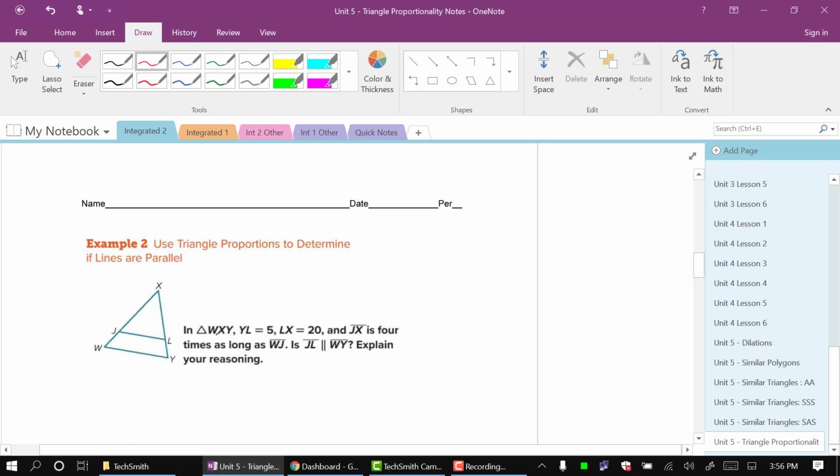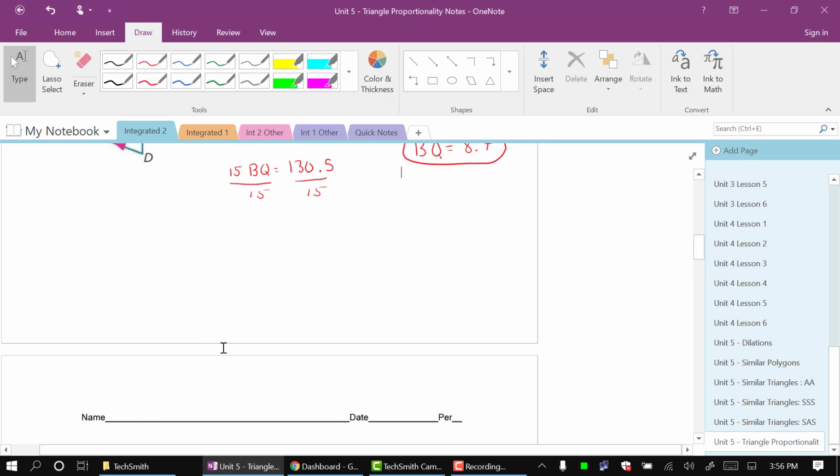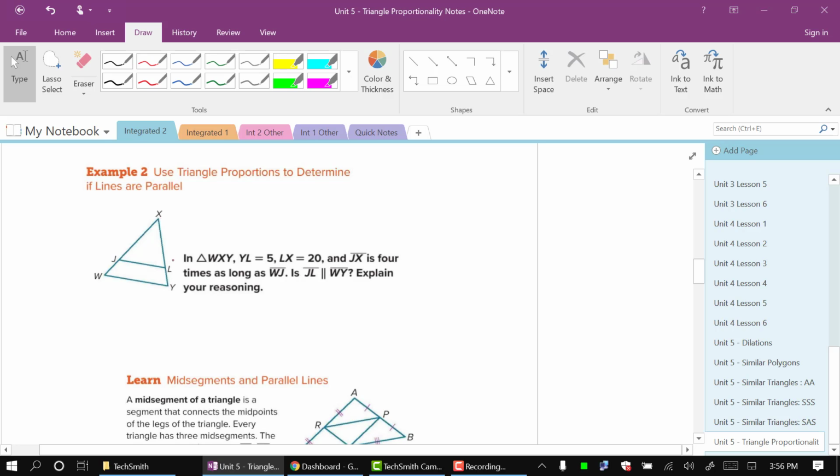So in triangle WXY, YL is 5. So this is 5. LX is 20. JX is 4 times as long as WJ. So whatever this is going to be 4 times that.